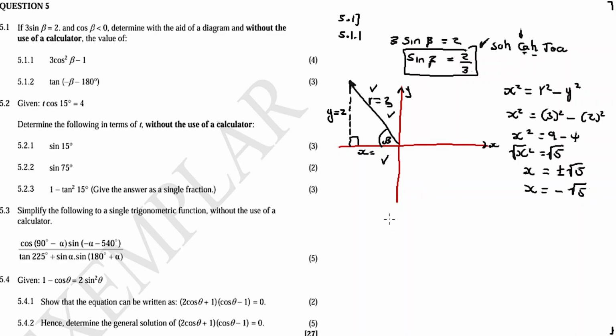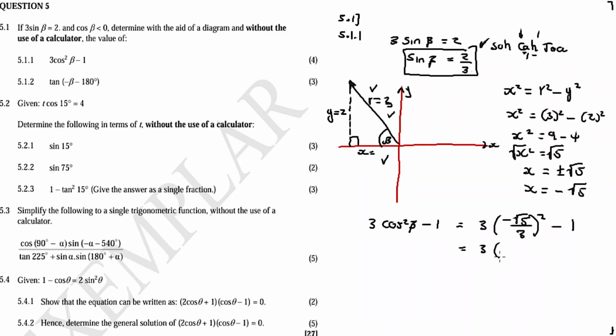Next, we get the value of 3 cos squared beta minus 1, which equals 3 open bracket, cos beta, which is adjacent over hypotenuse: minus square root of 5 over the hypotenuse, 3, all squared, minus 1.